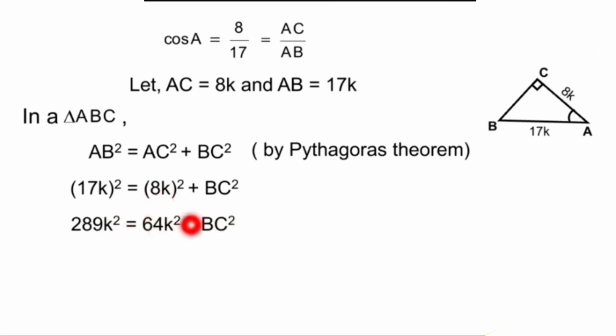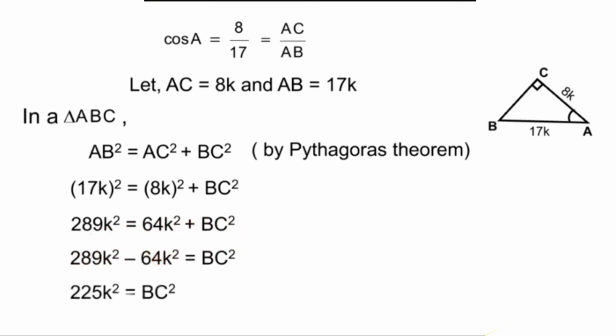Now let us shift 64K square from RHS to LHS. Then we get 289K square minus 64K square is equal to BC square. By subtracting these two terms, we get 225K square is equal to BC square.